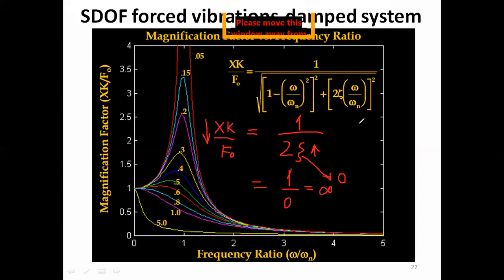It is giving us accurate, or approximately accurate, values at all other frequency ratios and damping ratios. However, for this particular case where the frequency ratio is 1 and zeta is equal to 0, it is not capable of calculating the accurate value for the magnification or for the amplitude of the steady state response.